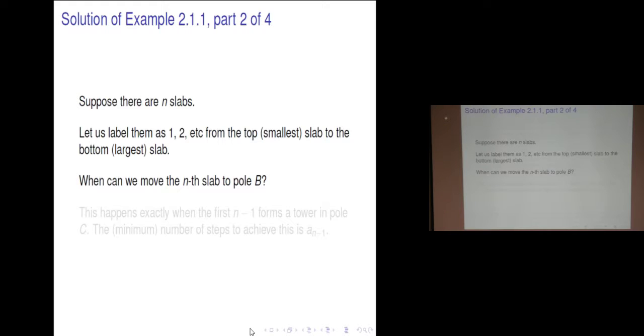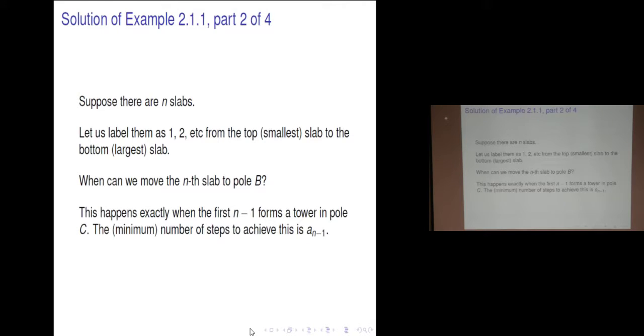Ask ourselves, when can we move the n-th slab, the largest one, to pole B? This happens exactly when the first n-1 slabs form a tower in pole C, right?